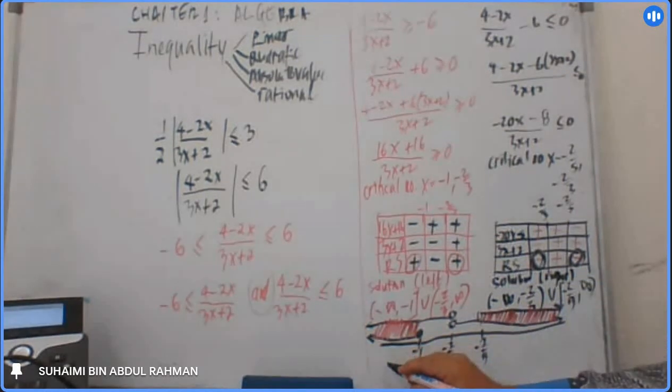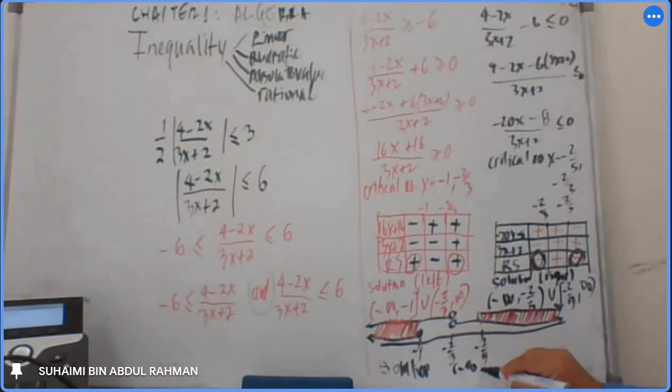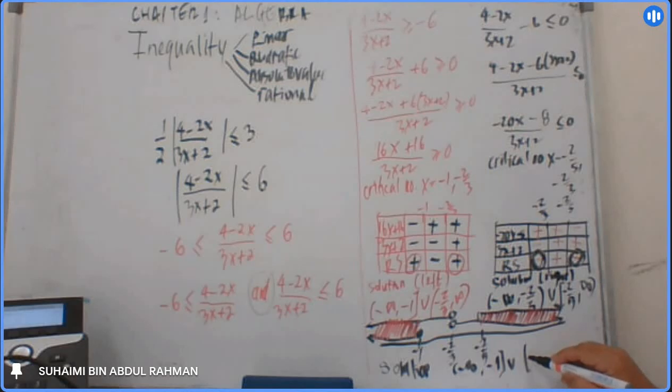The final solution is only for the case where they intersect, which is from minus infinity until minus 1, including, union with minus 2 over 5, which is including as well.